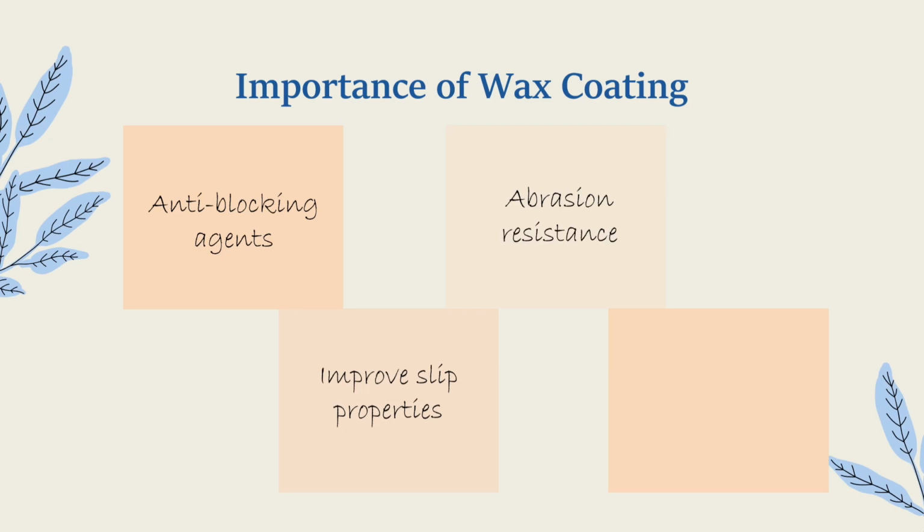Third, waxes help in creating abrasion resistance via a combination of basic properties like strength, hardness, elasticity, lubricity, particle size, toughness, and in certain cases, thickness. Last but not least, paraffin waxes provide surface protection against water.